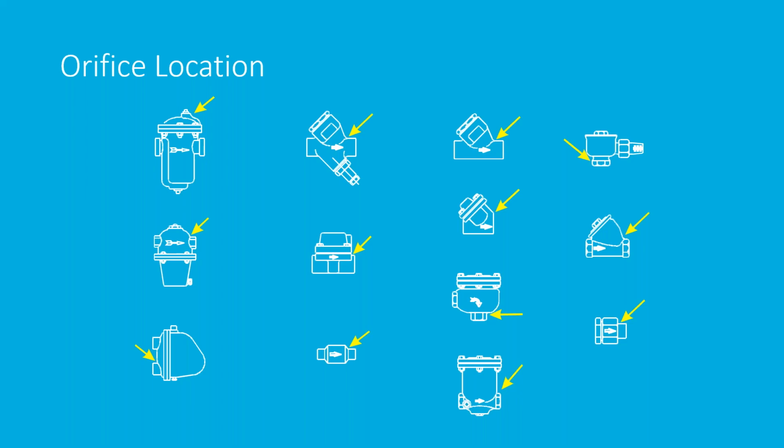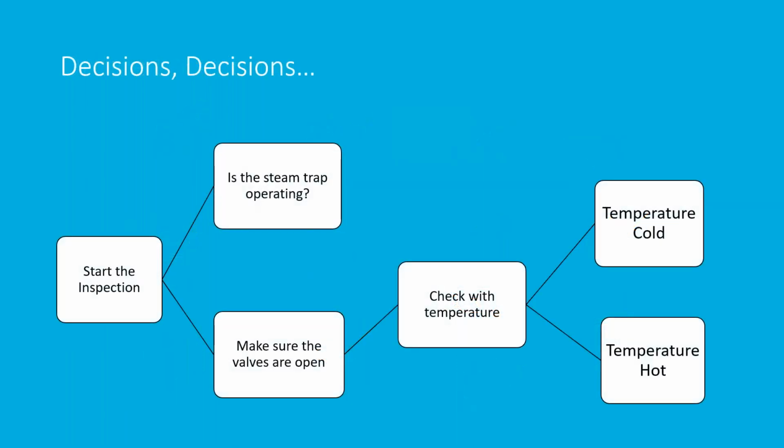But again, the discharge side or the discharge orifice is where we want to make contact, because that's where that turbulence is going to happen if the trap is either leaking by, or if it's failed open, or if it's operating the way that it should. Now, once we're at the trap, we've got to make some decisions. So we've just put together a little decision tree here for you.